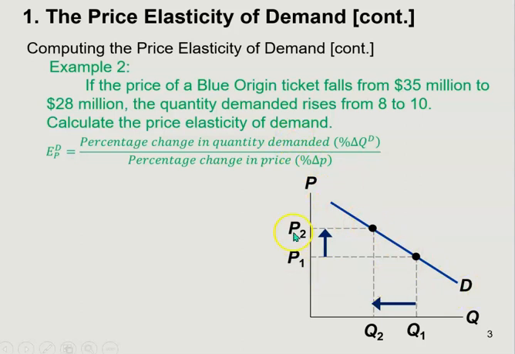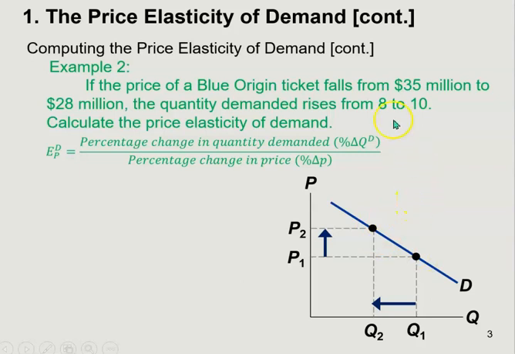And price goes up. So this is the previous case, example number 1. The price goes up from 28, that's P1, to 35, and quantity demanded falls from 10, which is Q1, to 8, which is Q2. So we're moving from this lower point to the upper point along the line.